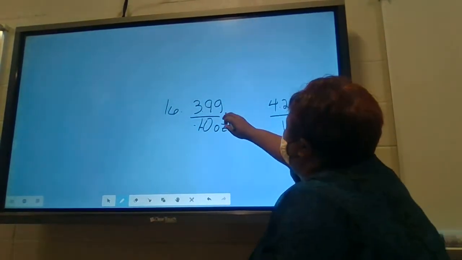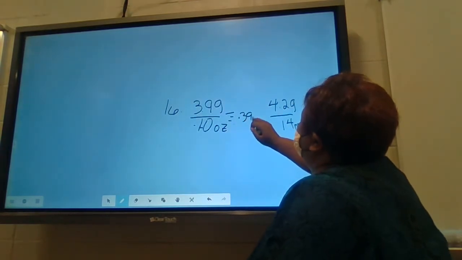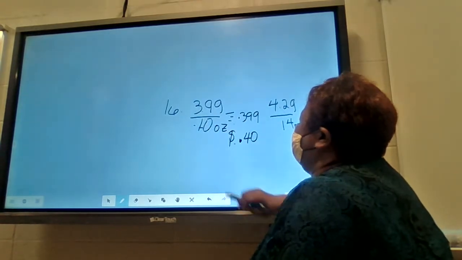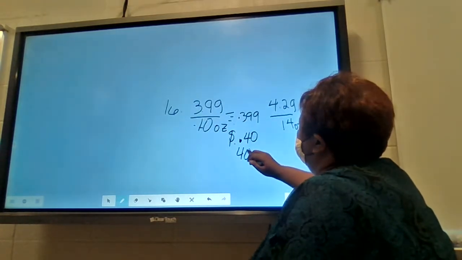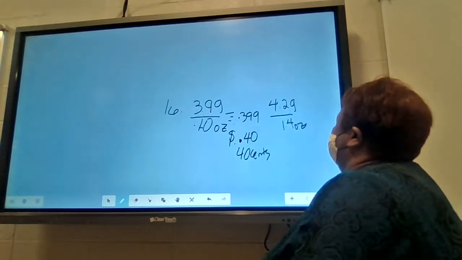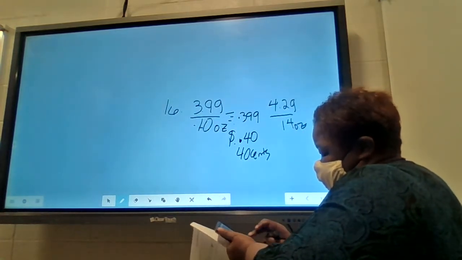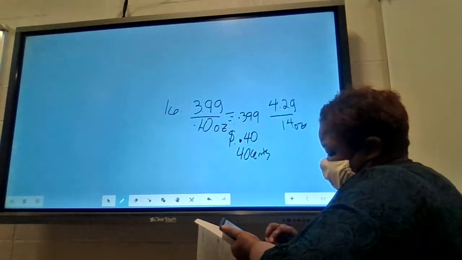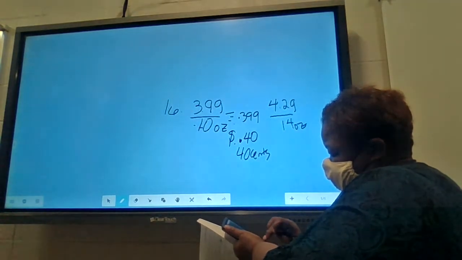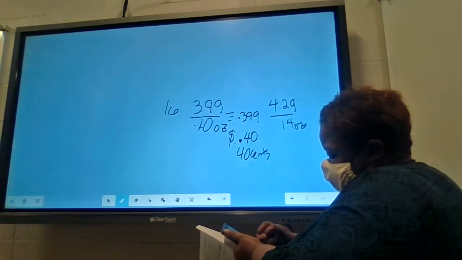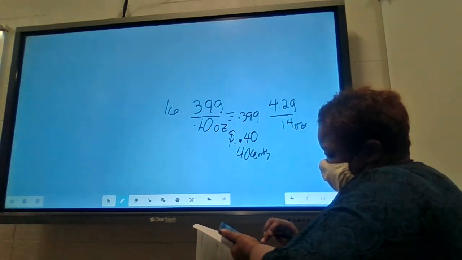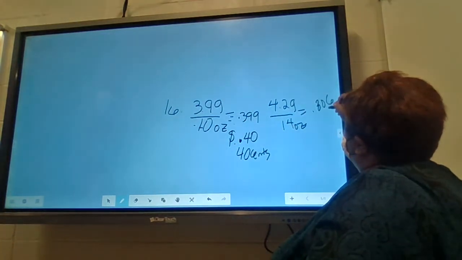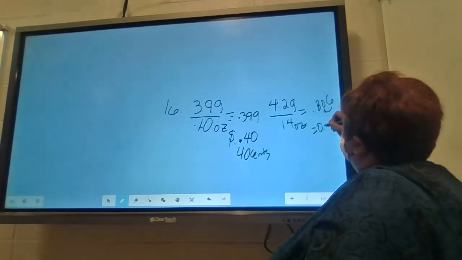Okay, so this is going to be 0.399, which we can round up to 40 cents. This is how you write cents in dollar format, or you can write 40 cents. Okay, 4.29 divided by 14 is 0.306, so I can round this up to 0.31.